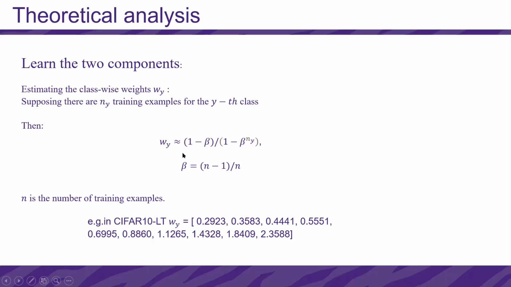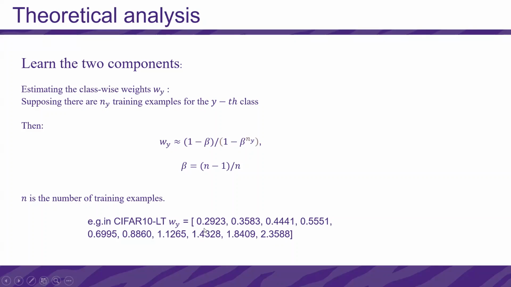So if you stared at these equations, you can find it only depends on the number of samples in the classes. So I give an example, like in the CIFAR10 long tail, the WY, the first element is 0.29 and the last element is 2.3.